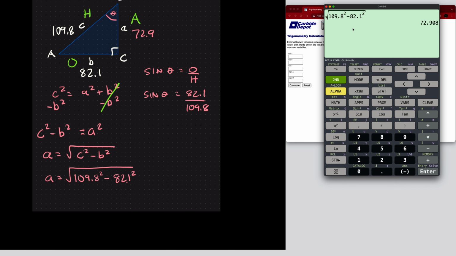So theta equals the inverse of sine, don't forget the brackets, 82.1 over 109.8. A good calculator will automatically put the brackets there for you, but some of the lower end calculators, you'll need to put those brackets in for yourself.